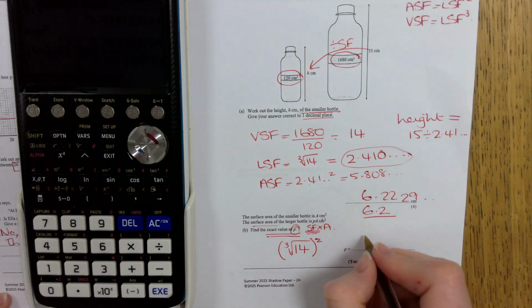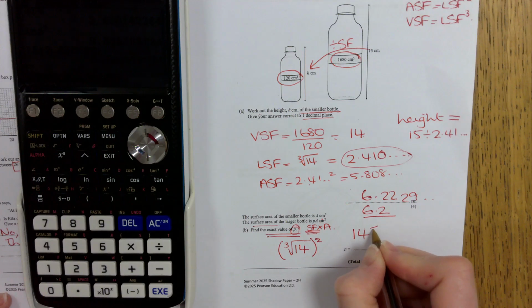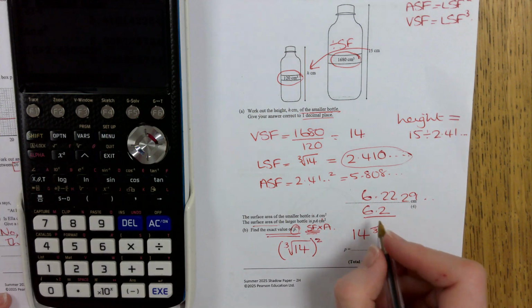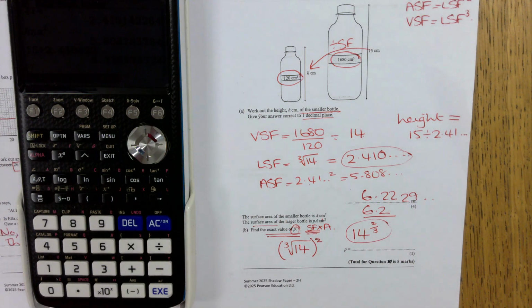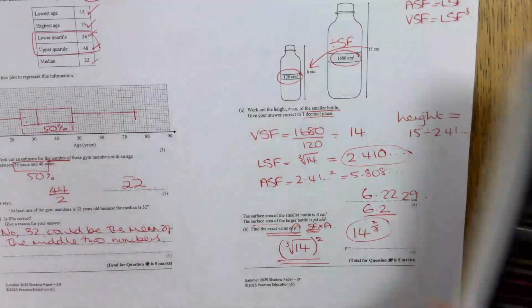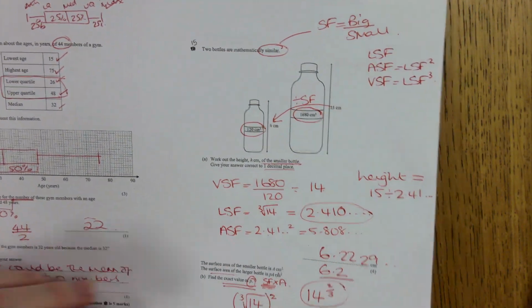This, as an index, is 14 to the power of, well, the cube root is the 3 going into the denominator, and the squared goes up here. So this is it, 14 to the power of 2/3. However, they do also accept this as the answer. Okay, moving on.